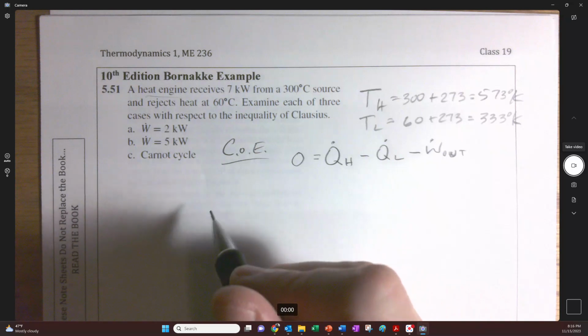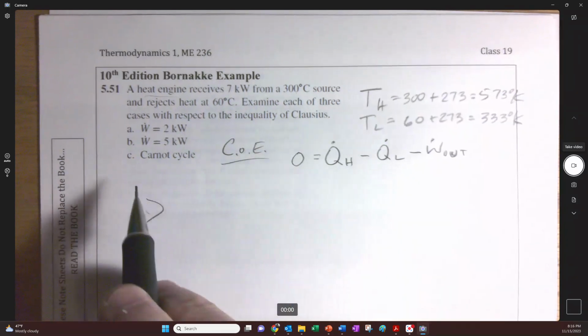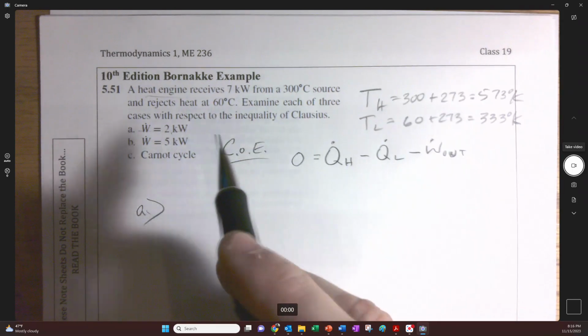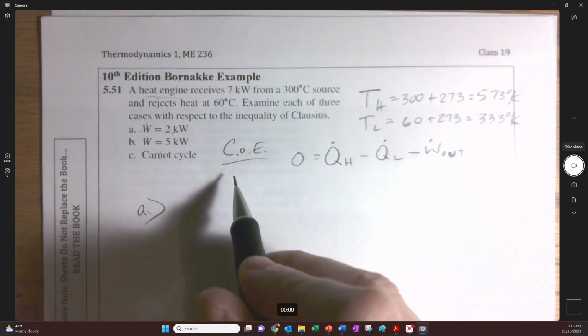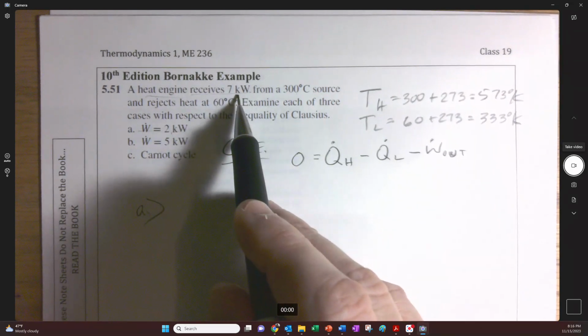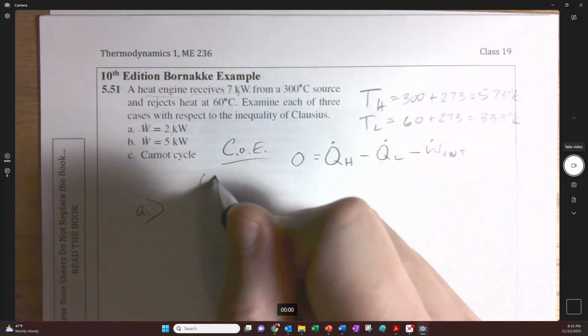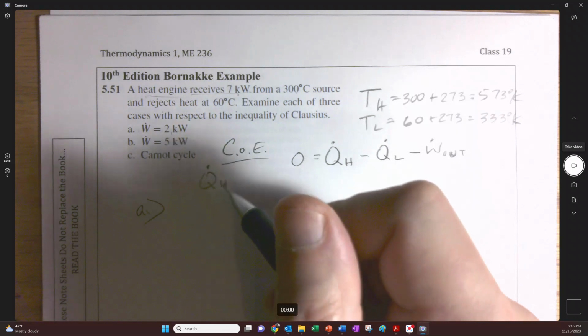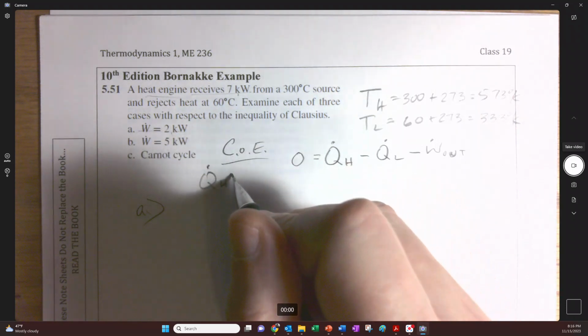So for part A, we have 2 kilowatts of power out. Let's find the heat rejection. It receives 7 kilowatts, so Q dot H was equal to 7 kilowatts.